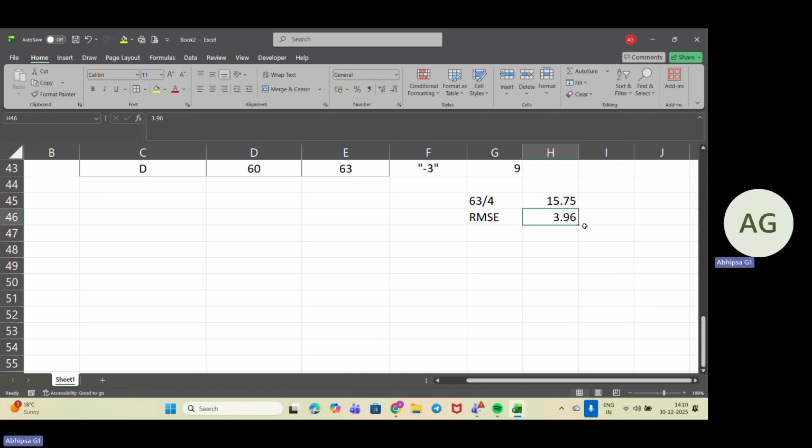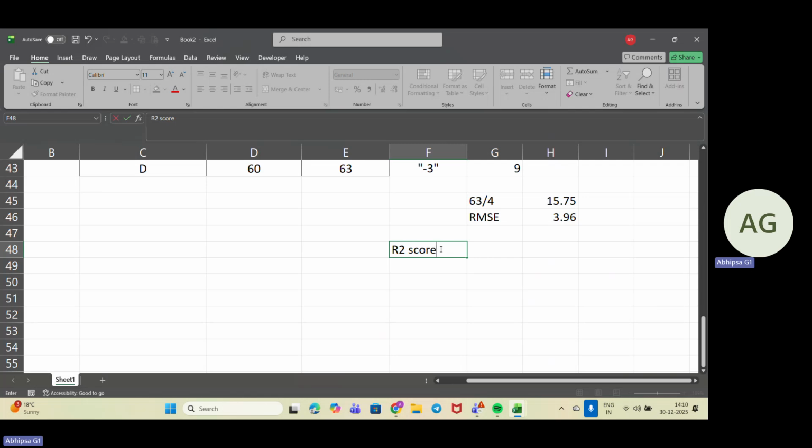Now we will be discussing the R2 score. Okay. So what is this R2 score? First we want to understand what this R2 is. The R2 score tells us how well our model understands the data. Okay.